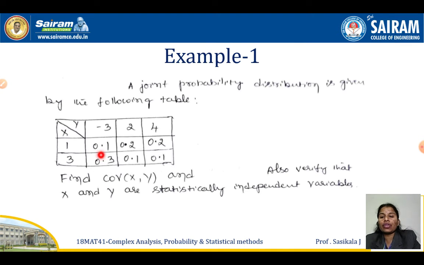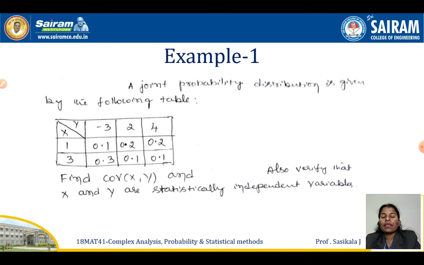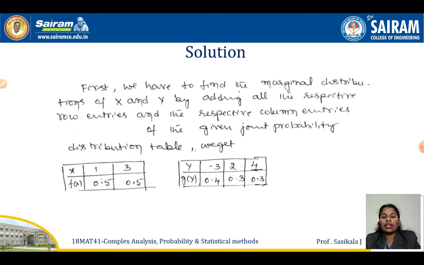Similarly, for x equal to 3, add your second row, you will get 0.5. Similarly for y, you are supposed to add the columns. At y equal to minus 3, 0.1 plus 0.3 is g of y, 0.4, and similarly 0.3 and 0.3. So this is your marginal distribution of x and y.